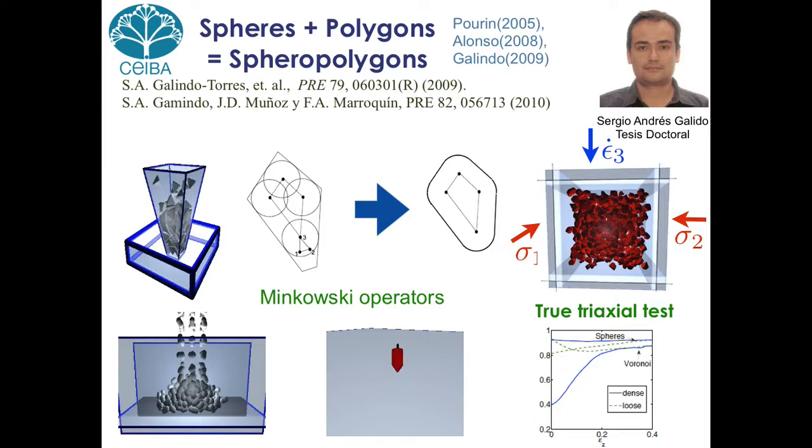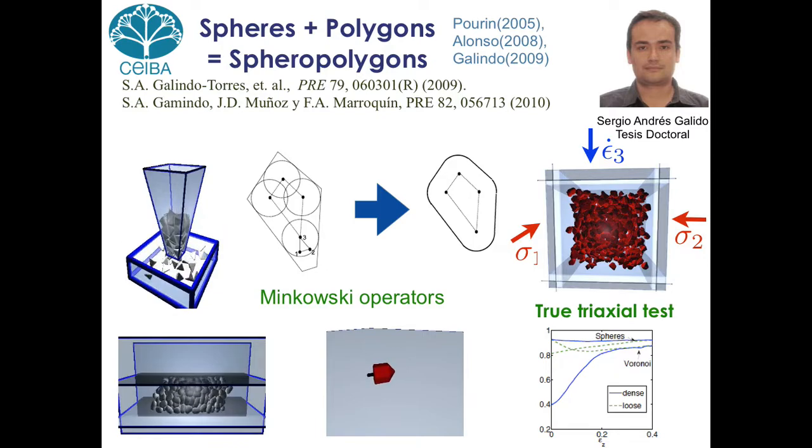In granular media, we developed, in collaboration with colleagues from Australia, new methods to simulate polyhedra in 3D with different shapes, but by rounding the polyhedra with circles. That allows circle-plane contacts that are possible to simulate analytically. So you can compute the energy and other different things. And with these particles, we can simulate soils, for instance.